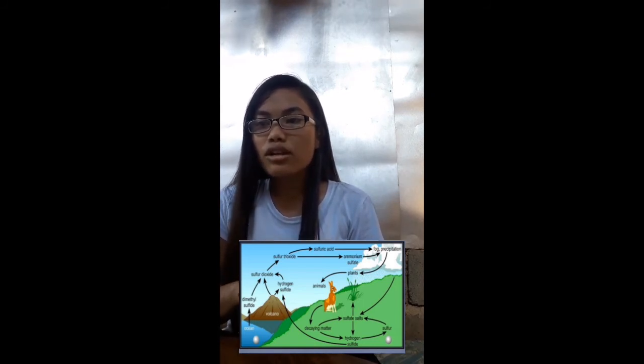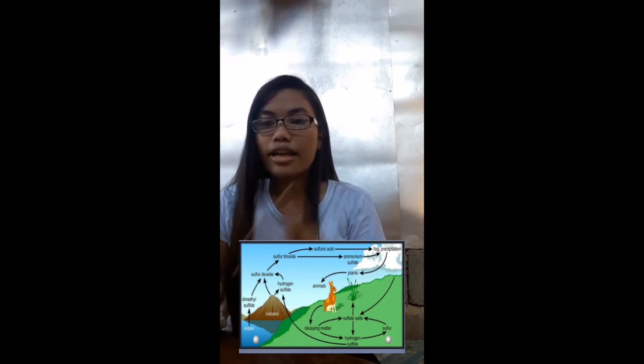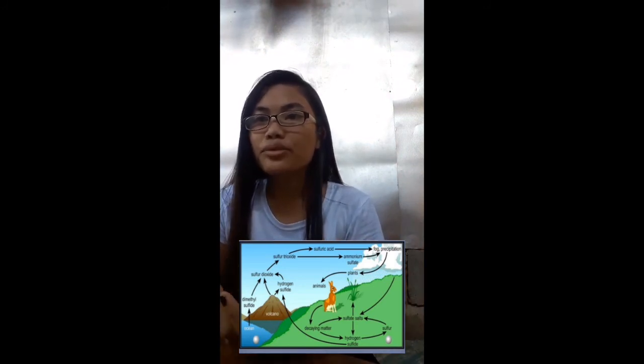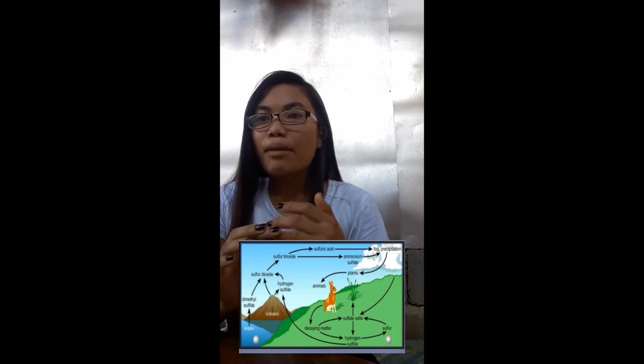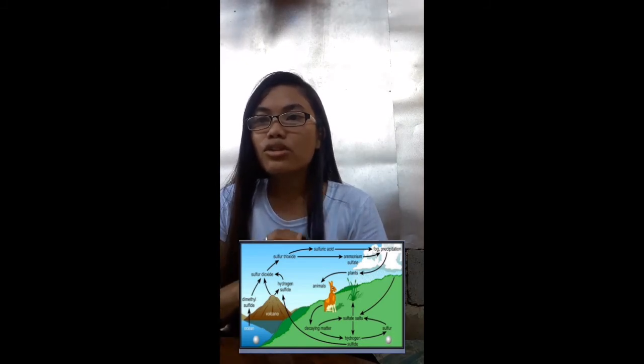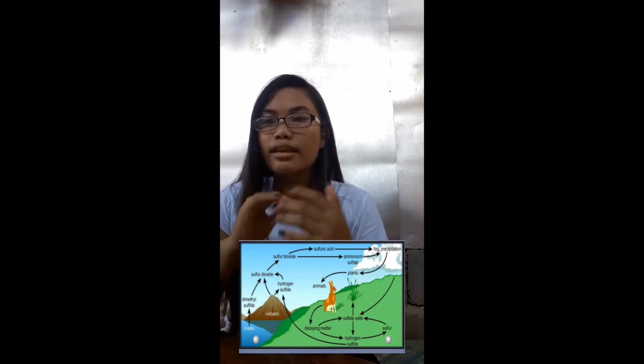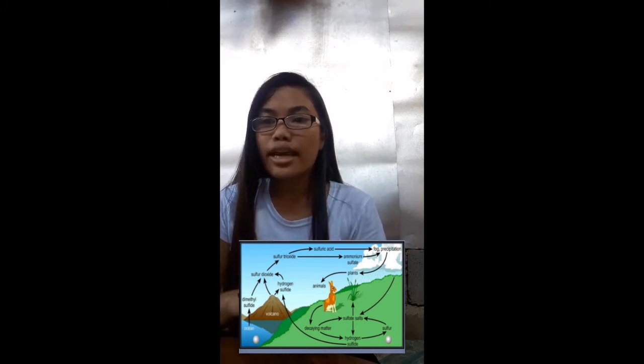Some hydrogen sulfide enters the atmosphere, but when decay occurs in an oxygen-free environment, anaerobic bacteria break down hydrogen sulfide and release sulfur gas. Oxygen-requiring bacteria can incorporate sulfur into sulfate salts, which can be taken up by plants and enter the food chain once again.